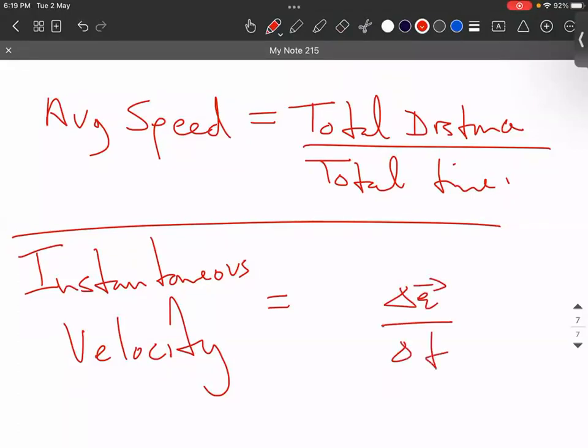You know what these things are, right? It's the change in position vector. R is the position vector. Delta R is the change in position, divided by delta T. But this is not enough. What I'm going to do is write limit delta T tends to 0. Do you know what this means? You guys don't know what this means. Okay, we're going to talk about it now.